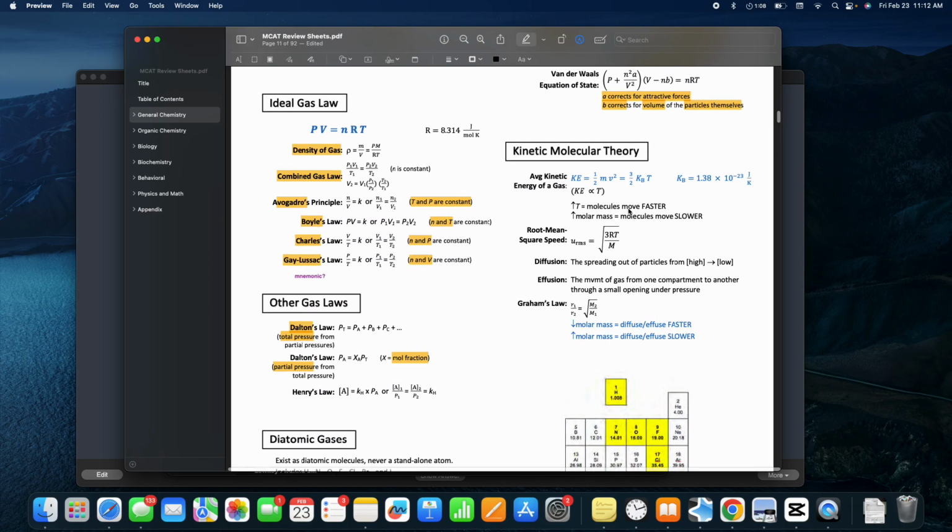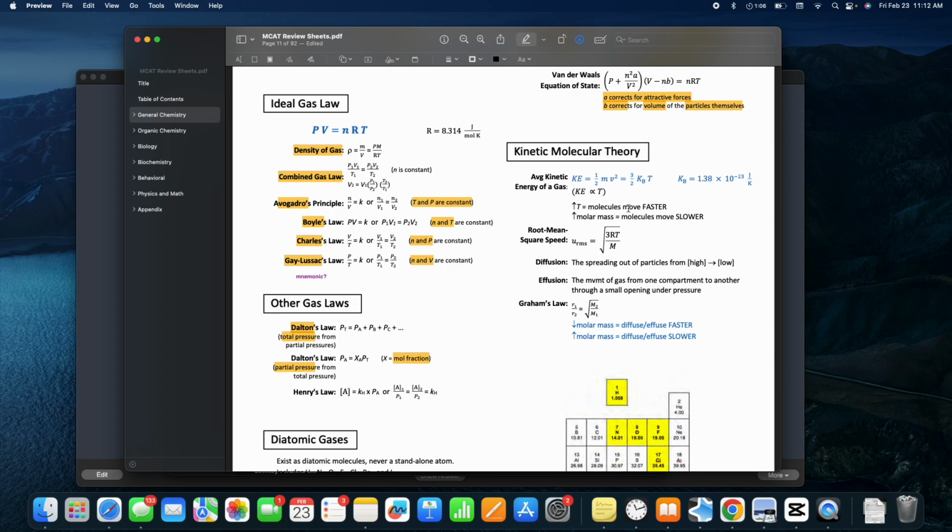Higher temperature equals molecules moving faster. Then higher molar mass equals molecules moving slower.